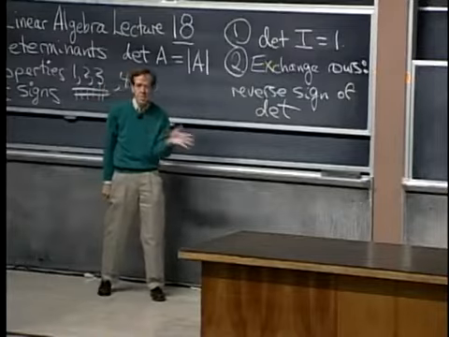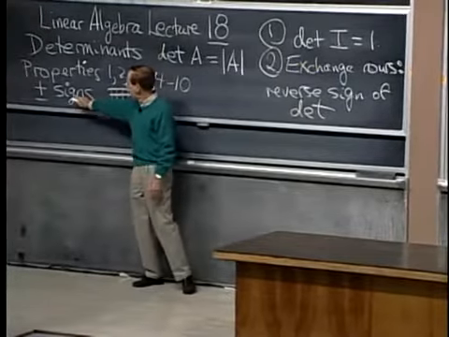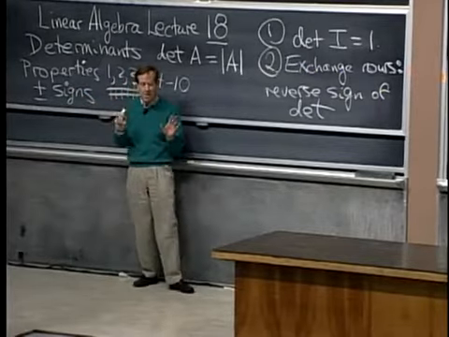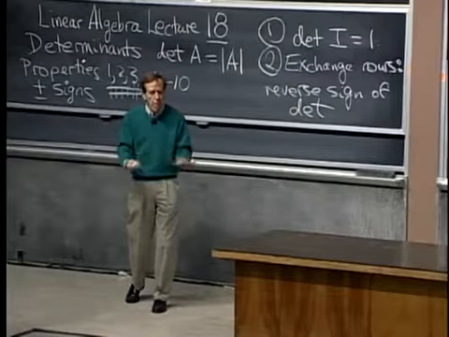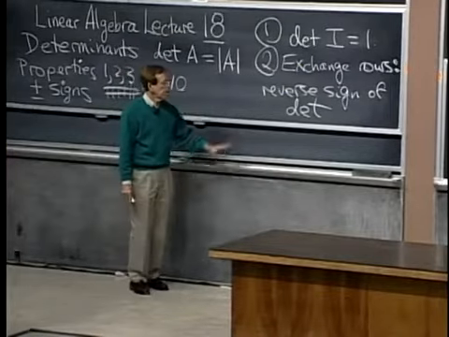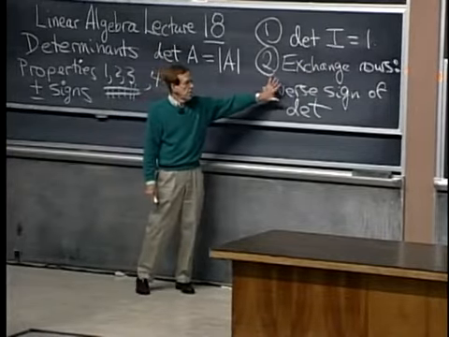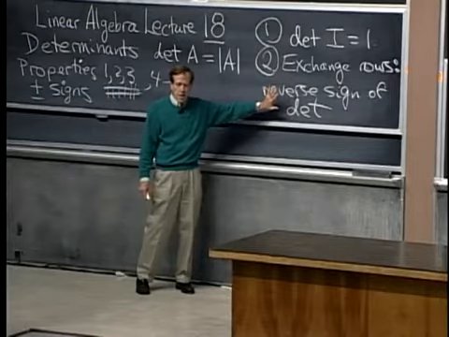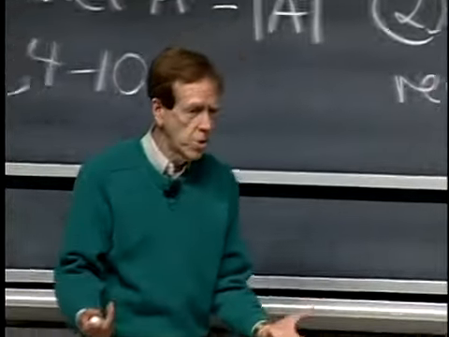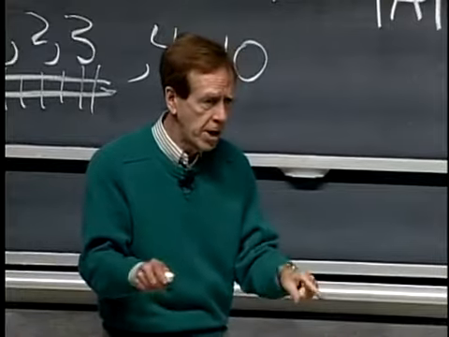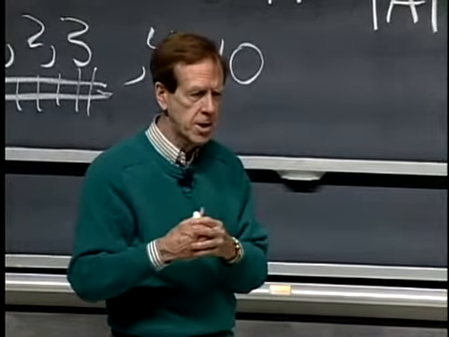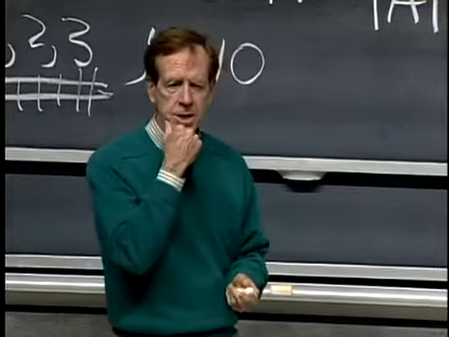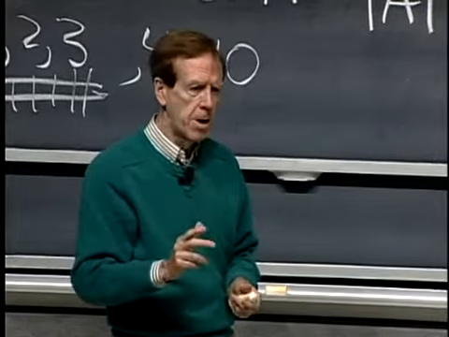A lot of plus and minus signs. I even wrote plus and minus signs here because that's what you have to pay attention to in the formulas and properties of determinants. So that you see what I mean by a property here. I haven't yet told you what the determinant is, but whatever it is, if I exchange two rows to get a different matrix, that reverses the sign of the determinant.